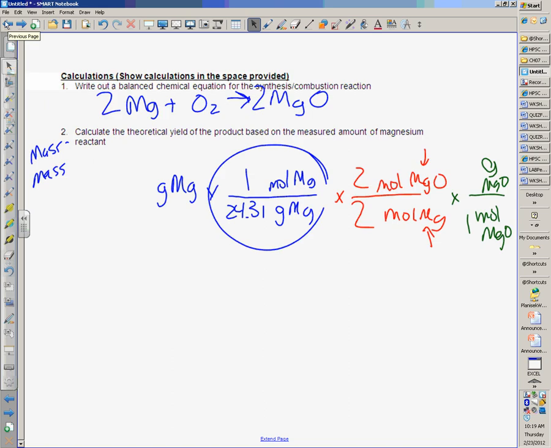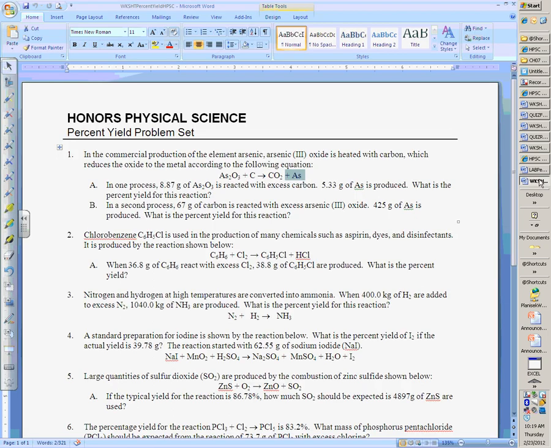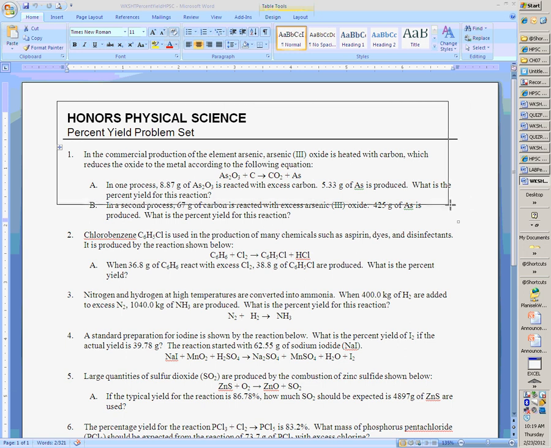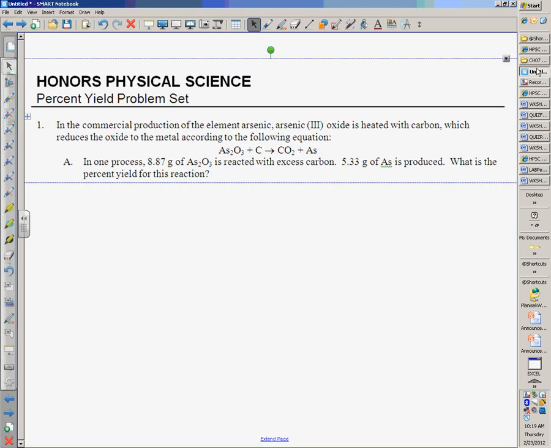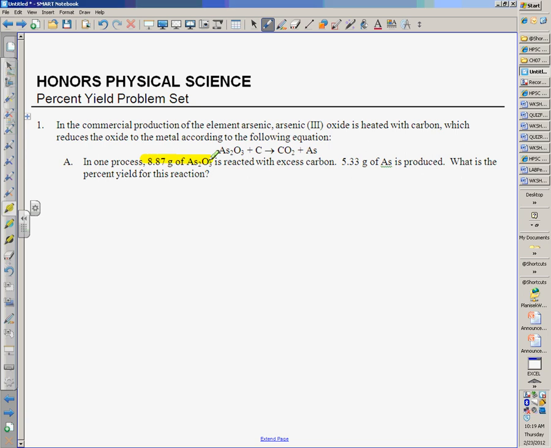So for problem number 1, on that problem set, they gave you this, right? So you're starting with grams of arsenic oxide.